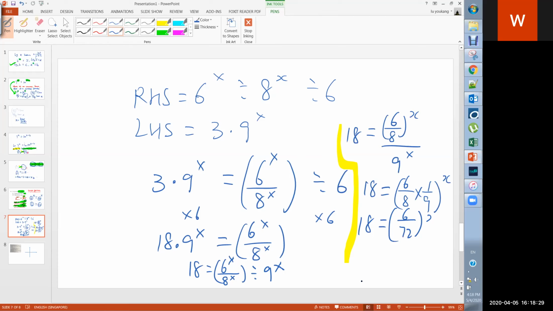So you have 18 equals to 1 over 12x. That means you have 18 equals to 1 to the power x and then 12 to the power x. You know 1 to the power anything is equal to what?